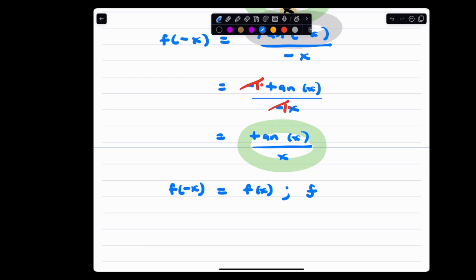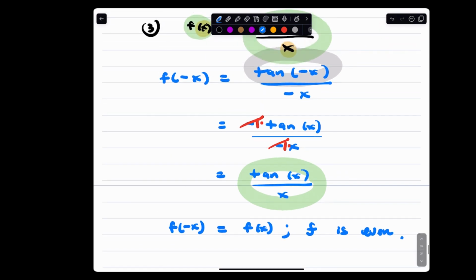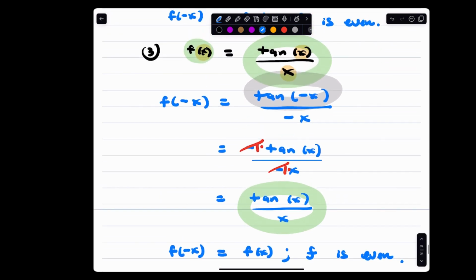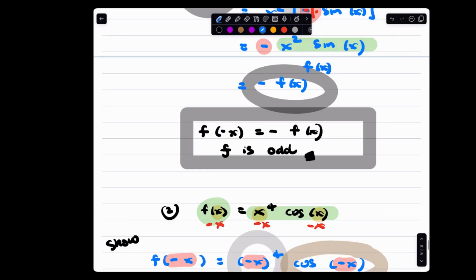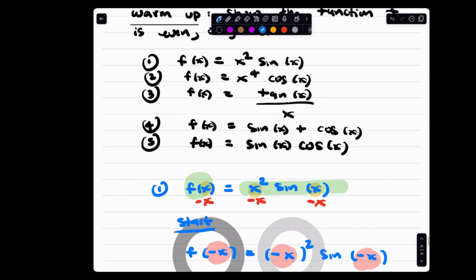This is the definition of f is what? Even again. There it is. So here is the process they want you to go through. Okay, number 4 now. Let's see.